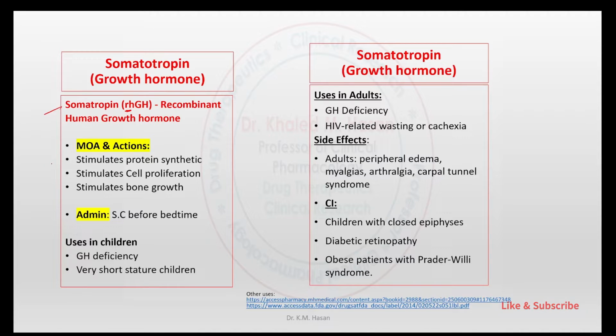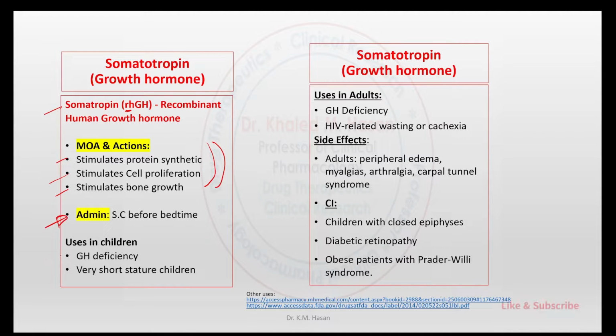Growth hormone is responsible for synthesis of protein, so it stimulates protein synthesis, bone growth, and cell proliferation. We can call this an anabolic effect: it stimulates protein synthesis, bone growth, cell proliferation, and mitosis. The growth hormone is administered as a subcutaneous injection.